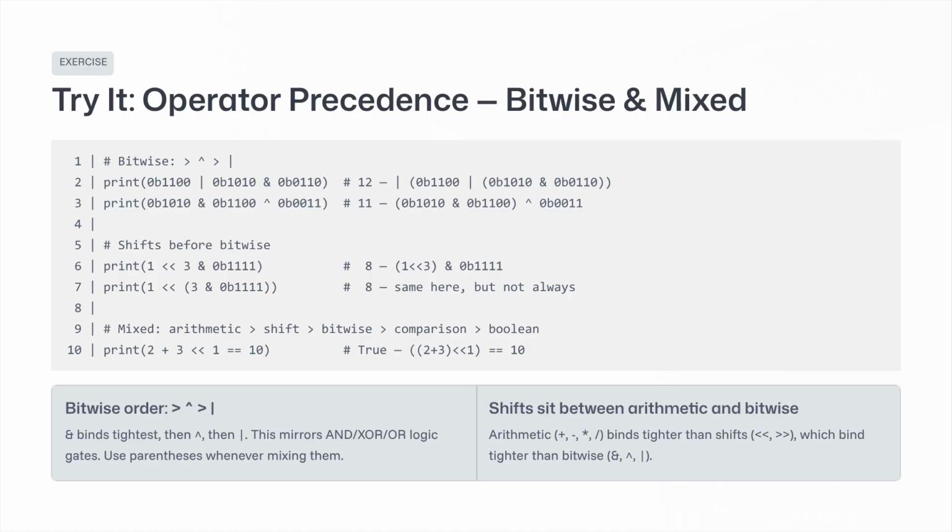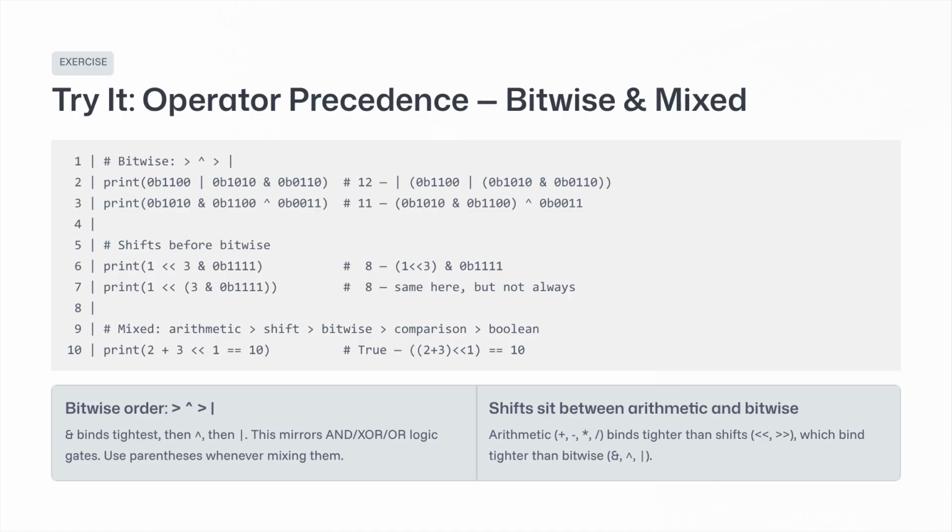Line 6, 1 left shift 3, ampersand 0b1111. Shift before bitwise. 1 left shifted by 3 is 8, then 8 and 0b1111 is 8. Line 7, 1 left shift, paren, 3 ampersand 0b1111, paren.